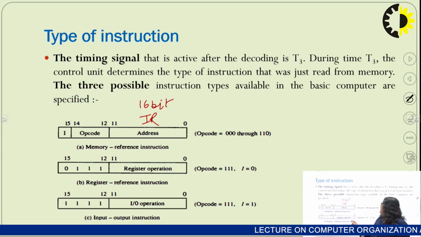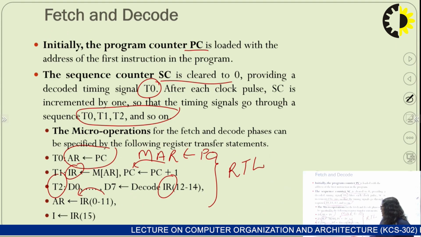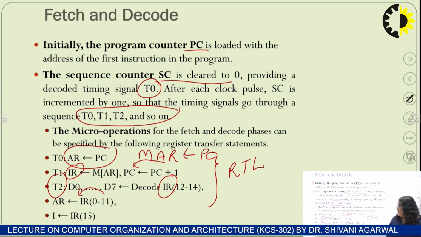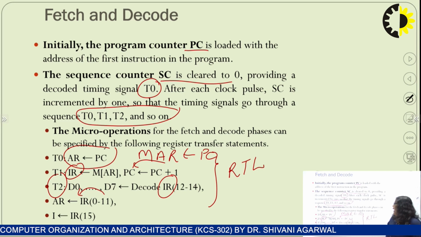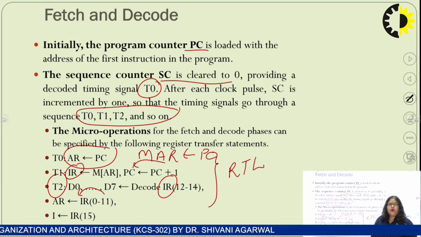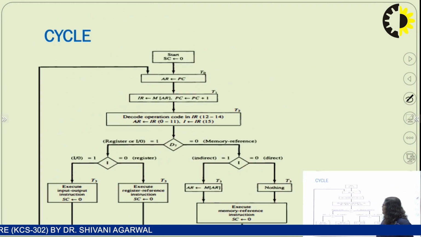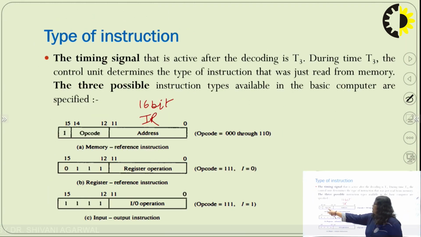Bits 0 to 11 go to AR, defining the address of the instruction, and IR bit 15 goes to I because it is a single bit. So I holds only a single bit, bit 15, and bits 12 to 14 are the opcode.